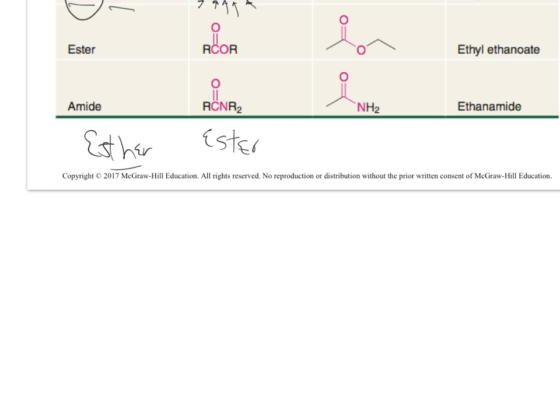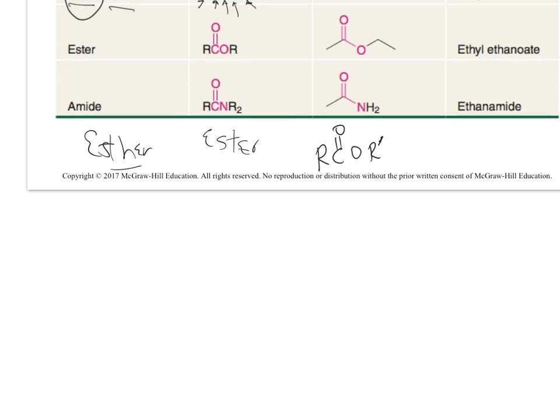But I always want to point out, just to get the idea, that's an R, an acyl group, an oxygen, and then another R, which I'm going to call R prime, because once again, the two R's don't have to be the same thing. We're used to reading things from left to right, but that directionality is forced.